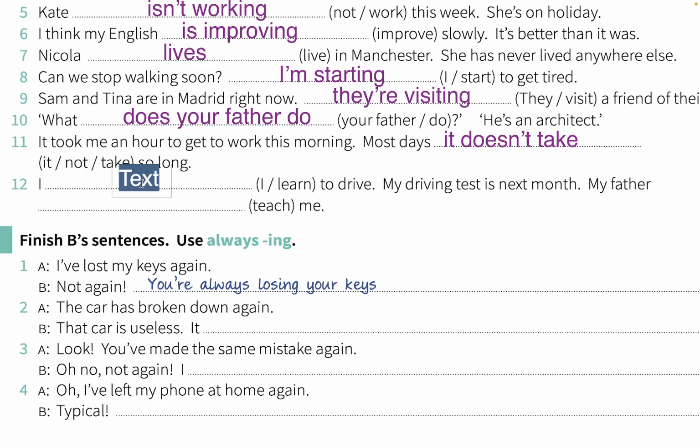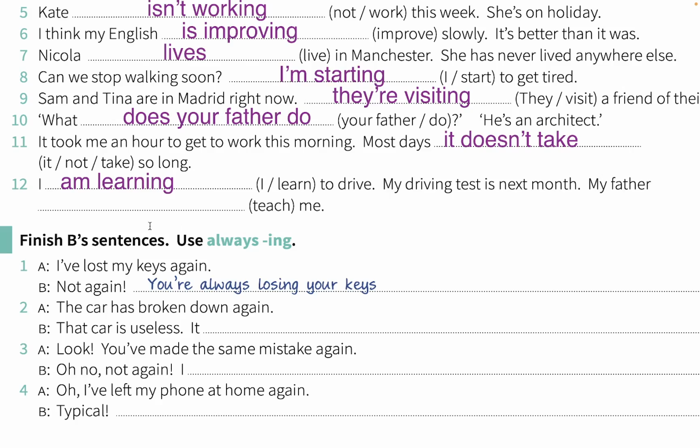Almost correct. So I am learning, don't forget the ing. So it's I am learning to drive, because the driving test is next month. So currently, she or he is learning how to drive.